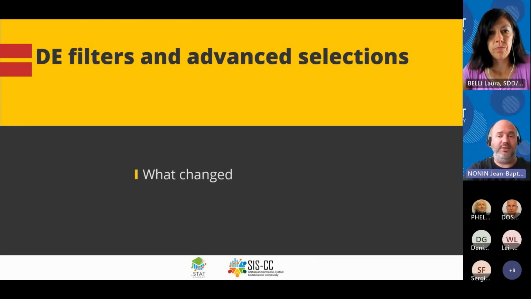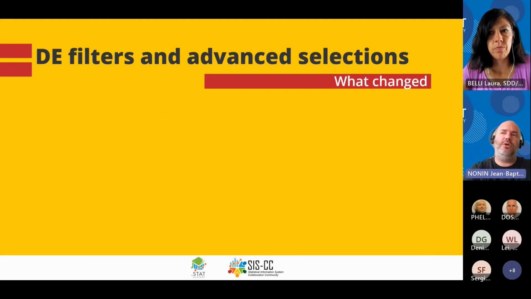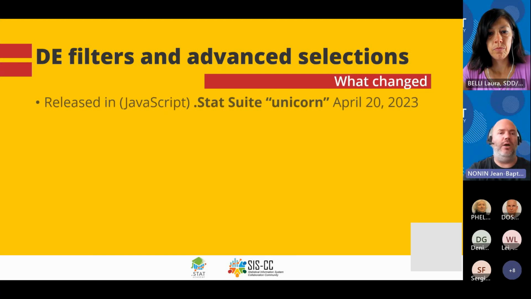So we decided to enhance these features, and we packaged several new features and feature enhancements into one single release, which is the .Stat Suite Unicorn release that was delivered last April, recently, so a few weeks ago.